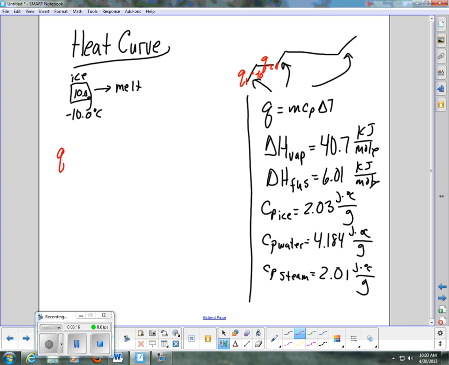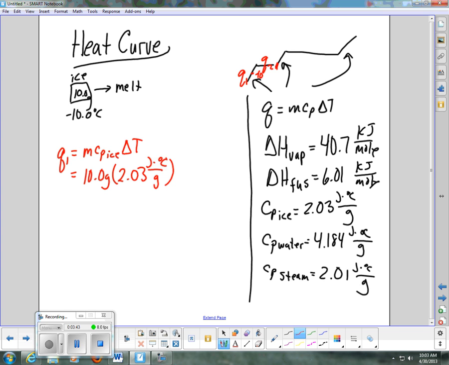So for Q1, I use mCp delta T for ice. Everybody okay with that? So I'm going to plug in the numbers. Mass 10.0 grams times the specific heat for ice, 2.03 joules per gram degrees Celsius, times the change in temperature.